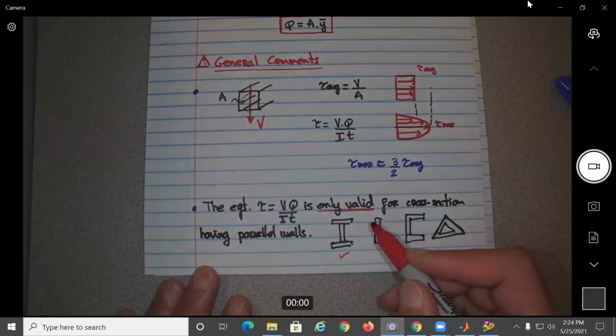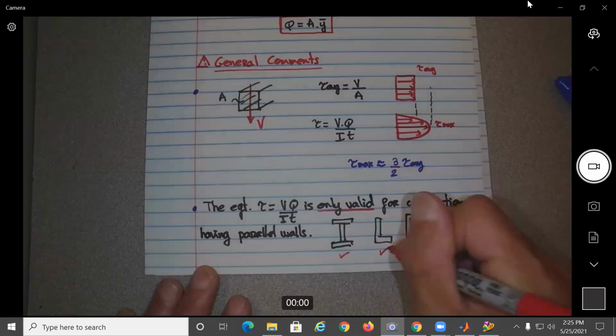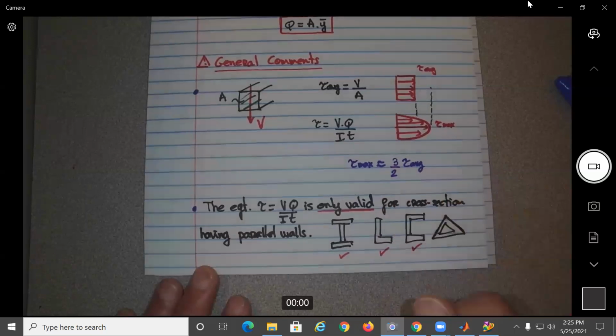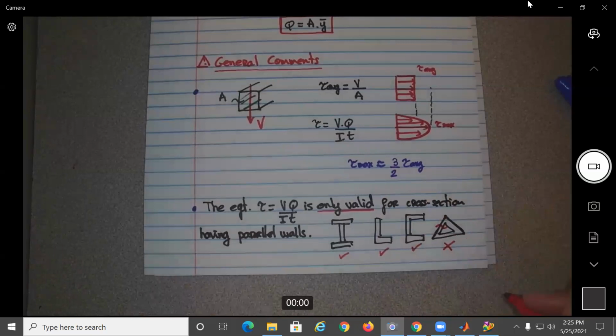Why not? This one is parallel to this one, no? Okay, if you make a cut here, whenever you make a cut, it will be parallel. Will it be valid for this one? Obviously, because we just used it. So now, would it be valid for this one? For this one, it will not be valid because when you make the cut, the walls will not be parallel to each other, no? Okay? So be careful with those things. Even though people use this one to approximate this one, okay?